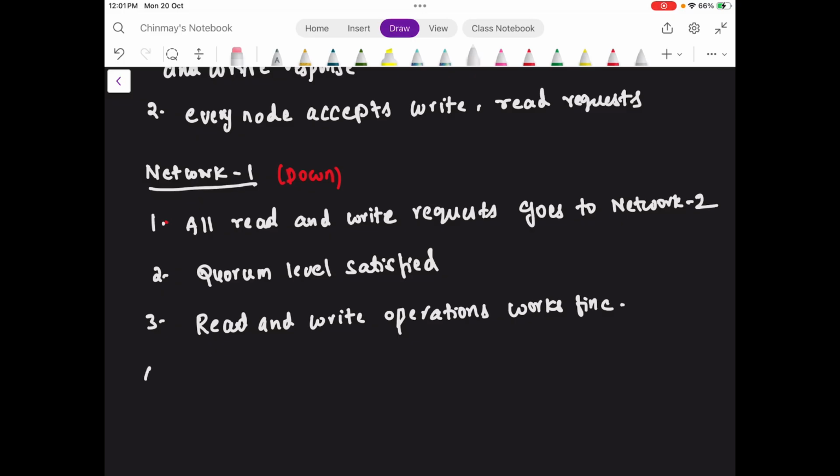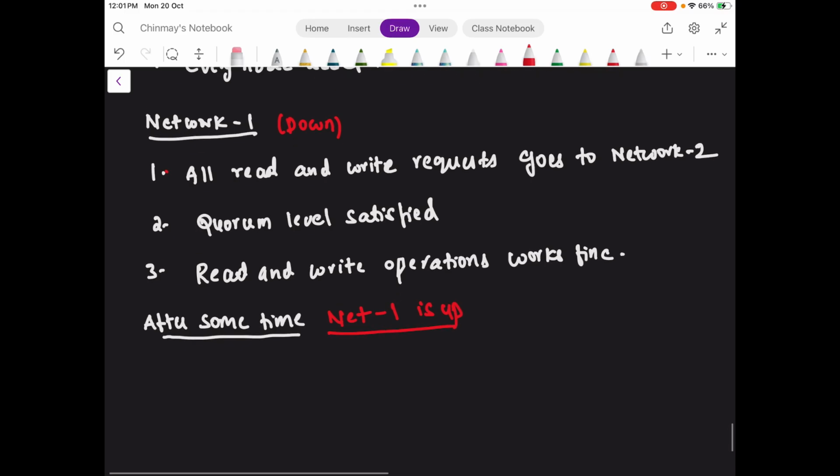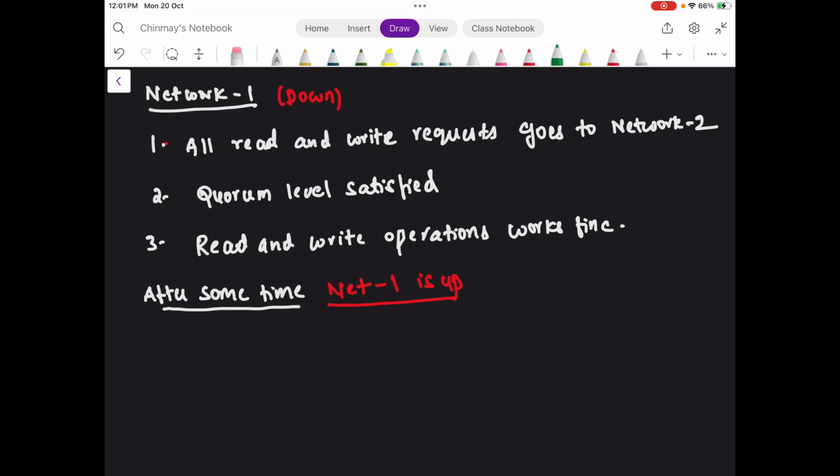After some time, network 1 is up. What happens? Data transfer happens from network 2 to network 1.